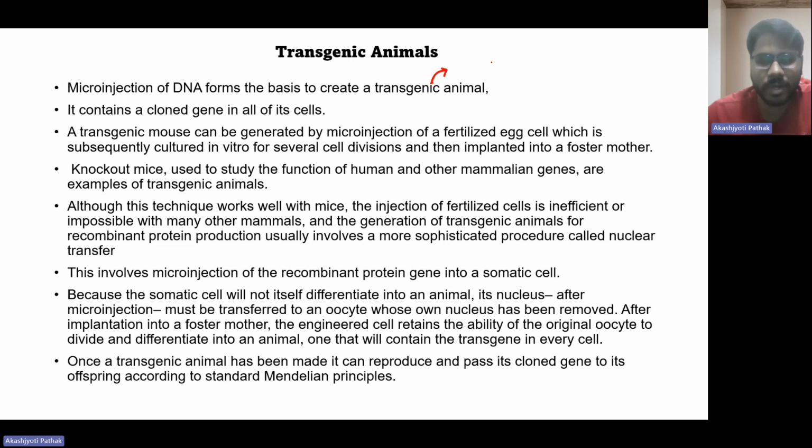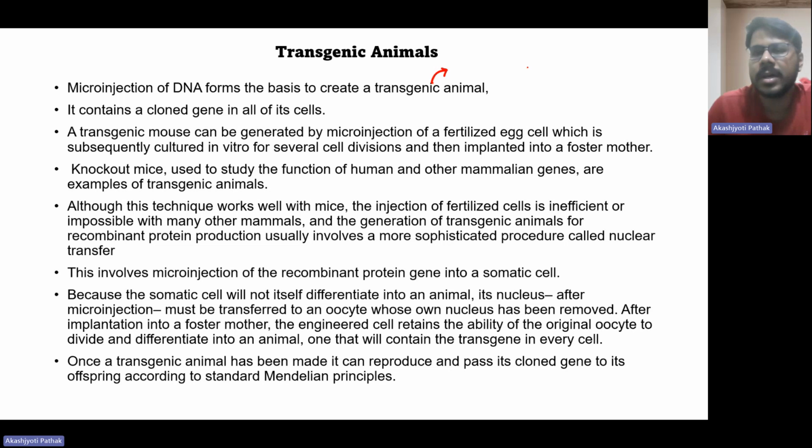The mice models that are produced for studying different diseases are also produced in this way. So the basis is microinjection of DNA. These transgenic animals contain a cloned gene in all of their cells, and they are generated by microinjection of a fertilized egg cell.